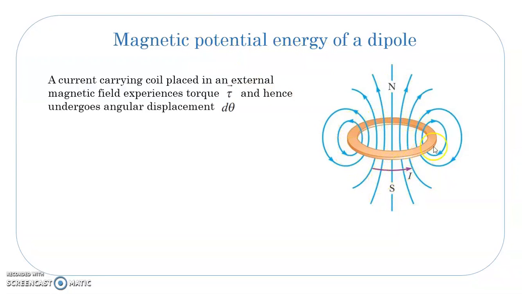So when this current carrying coil is suspended in an external magnetic field, it possesses magnetic potential energy, and hence it experiences torque tau bar and undergoes angular deflection d theta. This magnetic potential energy is given by the formula U = integration of tau, that is torque, which depends upon theta, multiplied by the angular displacement, that is d theta.